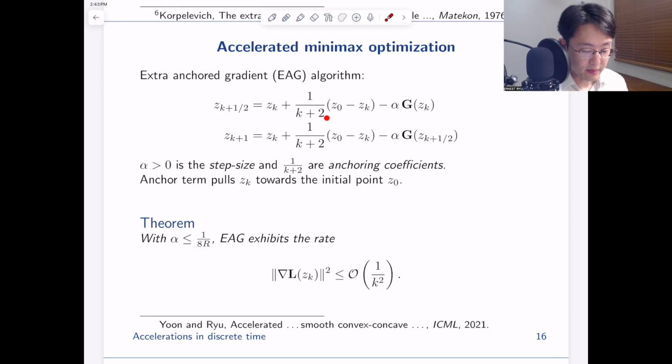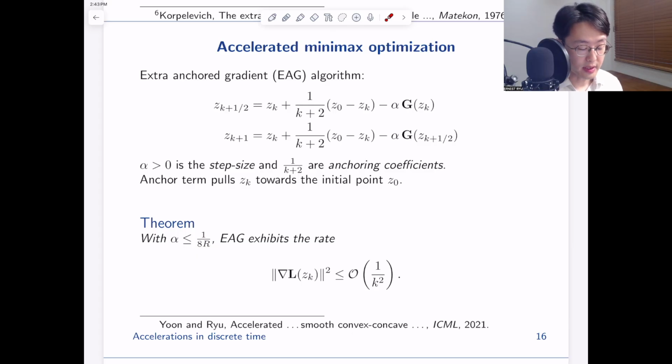So at zk, we move in the negative g direction, and then we have the anchor pull us back to z0. That takes us to zk plus 1/2. Then at zk plus 1/2, we evaluate the g operator again, and then we go back to zk. We move in the negative g direction with the g evaluated at the intermediate point zk plus 1/2, and then we have the anchor pull us back towards z0 with an anchor of strength 1 over k plus 2, and that is our next point, zk plus 1.